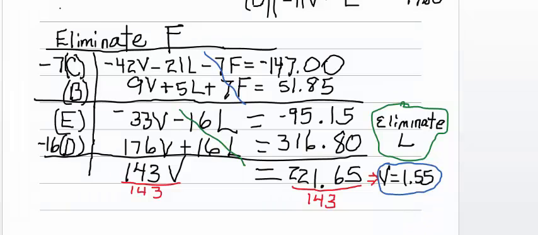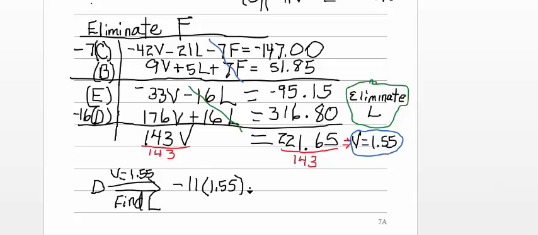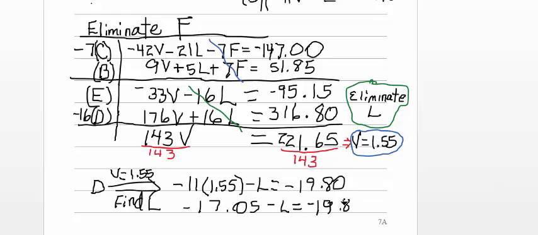Okay, now what I want to do is use D and the fact that V is 1.55 to find L. So wherever I see V in equation D, I replace it with 1.55. And here's the equation that I get. Multiply.